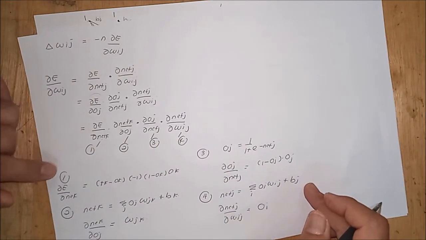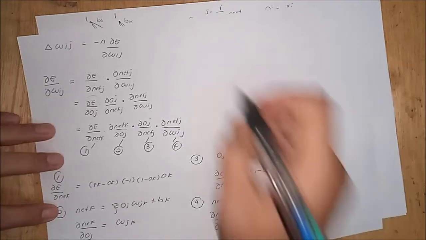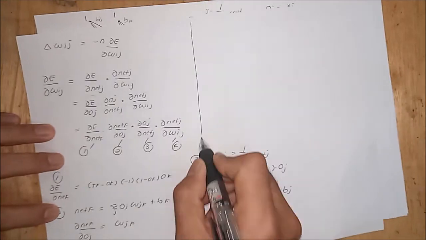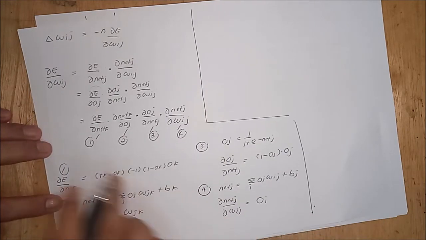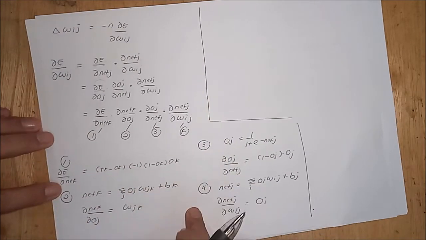The next part is that we merge everything here. So I just put this section so that we can combine every equation, 1 2 3 4 here.